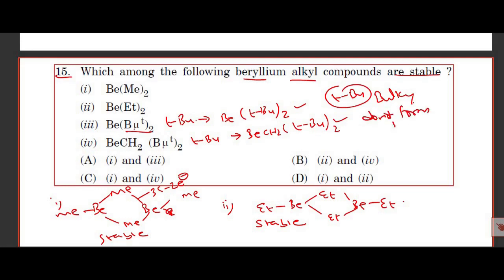It will not form a dimer, so it is less stable. Compounds 3 and 4 are less stable. Hence here they are asking the stable compound. Hence 1 and 2, option D is correct. 1 and 2 form a stable compound. 3 and 4 are very less stable and do not form a dimer.